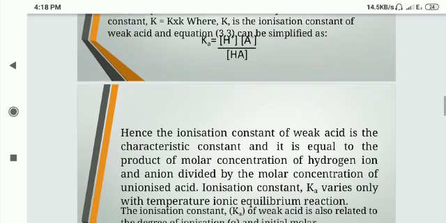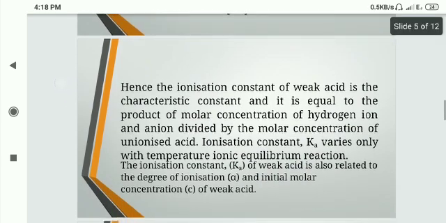Hence, the ionization constant of weak acid is the characteristic constant and is equal to the product of molar concentration of hydrogen ion and anion divided by molar concentration of unionized acid. Ionization constant varies only with temperature of the ionic equilibrium reaction.